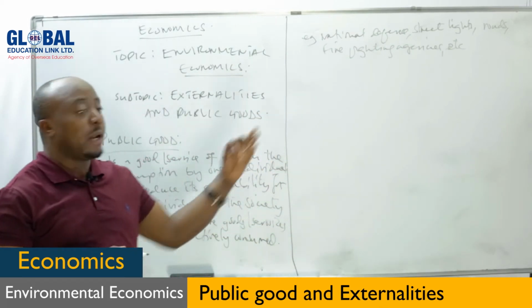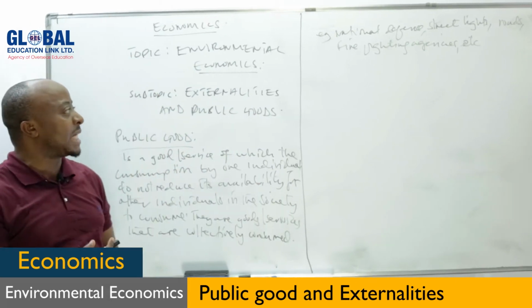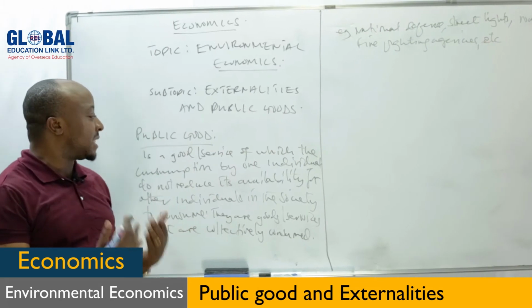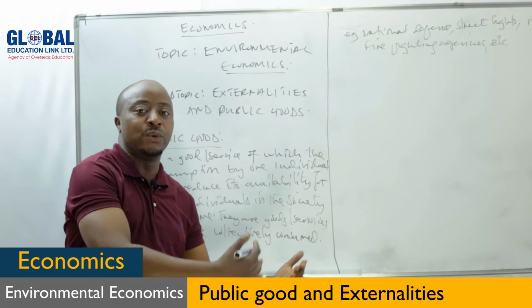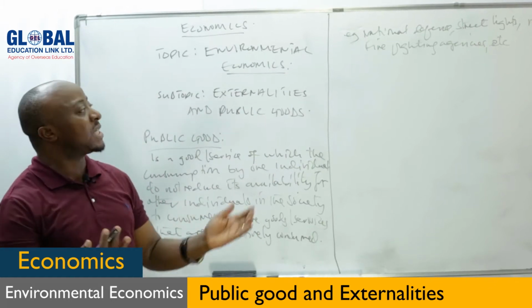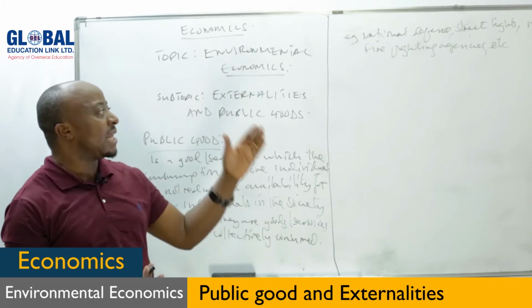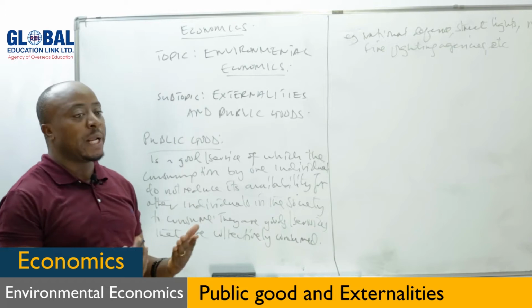Those are public goods, because they are there for every individual in the society, and they do not exclude anyone from using them. So we use them in such a way that when one person is using, that person is not reducing the ability of that good to be used by another person. So for goods like roads, street lights, national defense, and other goods of that nature, we say they are public goods.